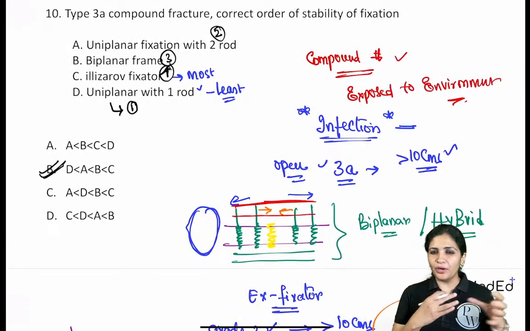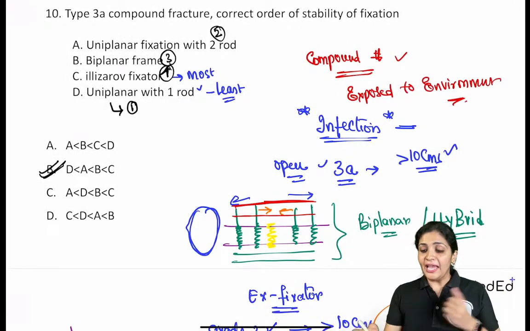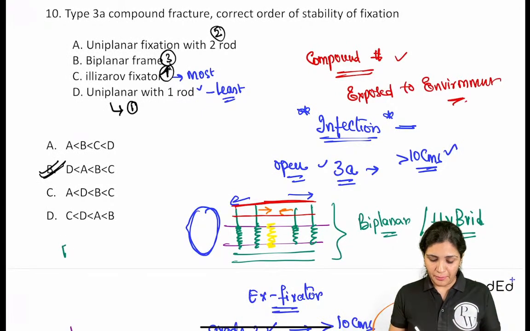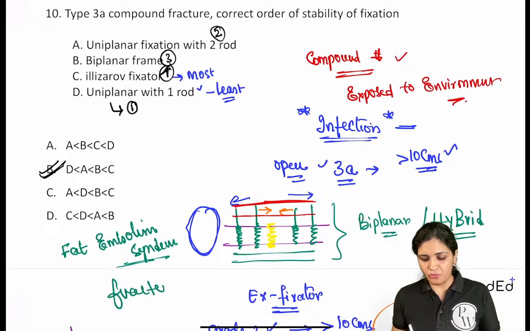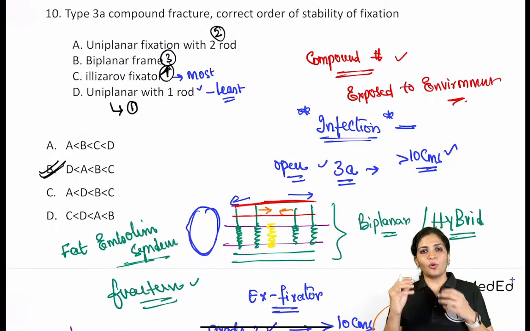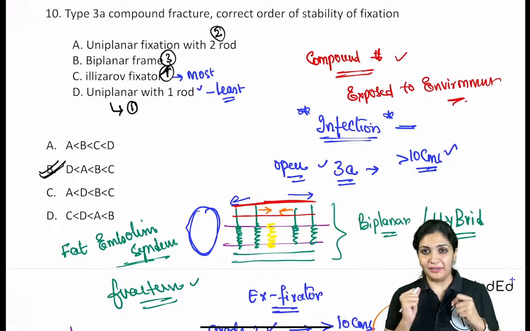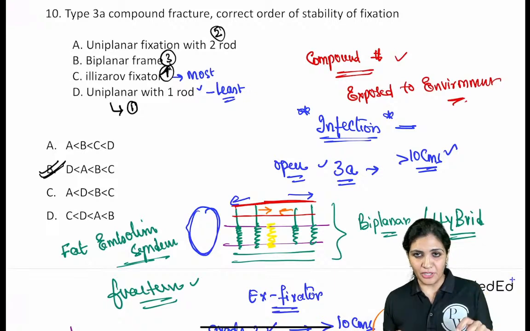So we have covered a little bit of polytrauma too. Another important thing you have to remember is the complications, and especially the fat embolism syndrome. In case of long bone fractures, usually in polytrauma, you have to always be careful about this particular thing, which is called the fat embolism syndrome, right?